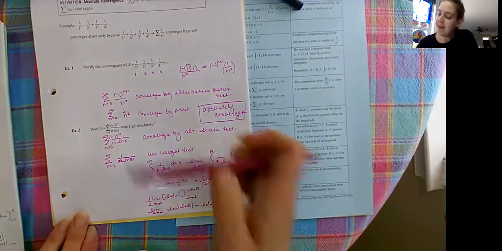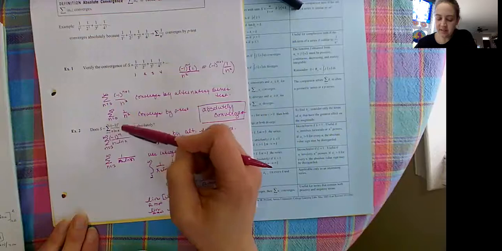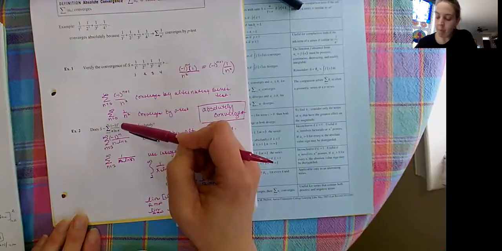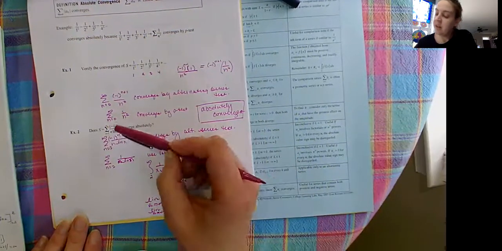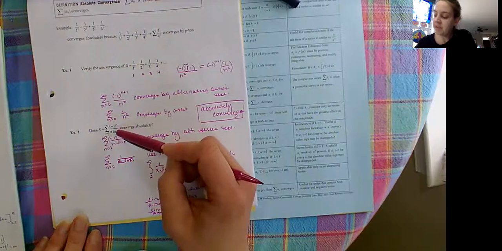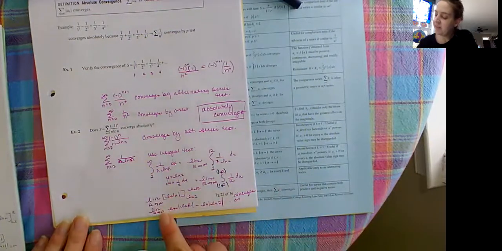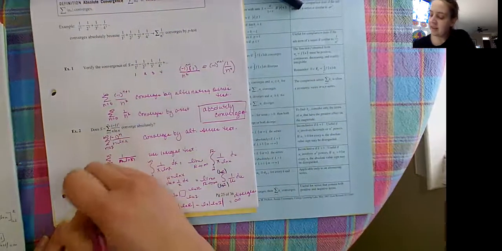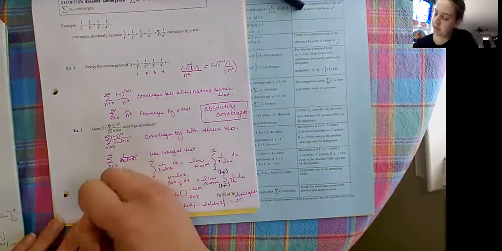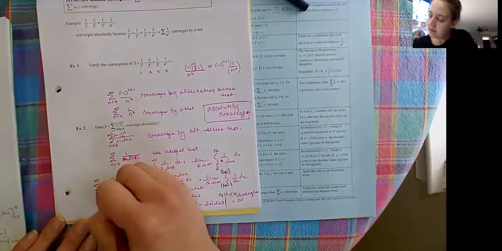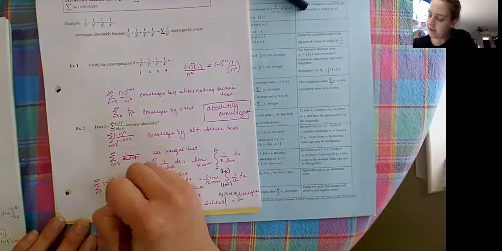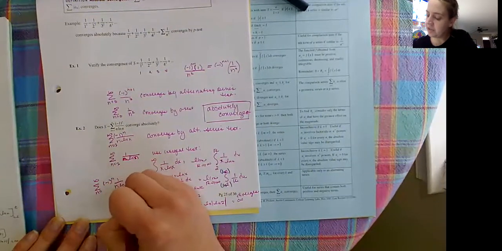So, because this diverges, nope, not this diverges. This converges. See, I'm so out of this. This converges by the alternating series test, but the positive piece of it diverges. So you say that my original series, negative 1 to the n, 1 over n natural log of n, is conditionally convergent.